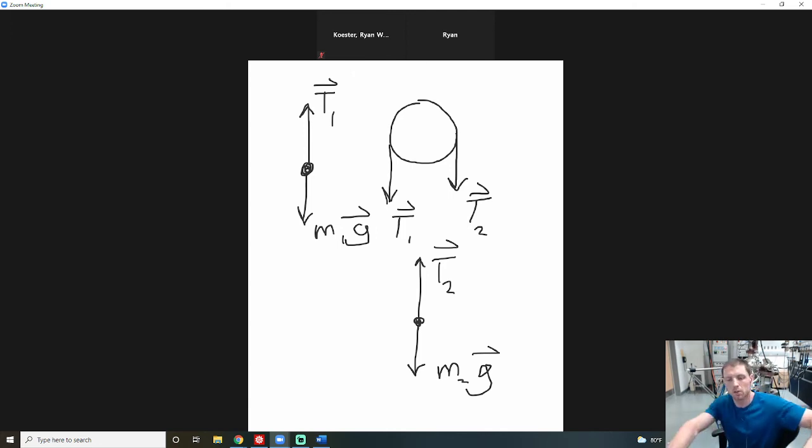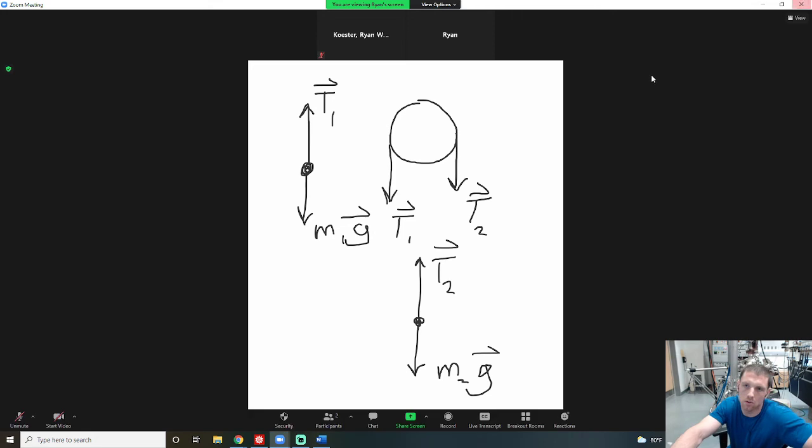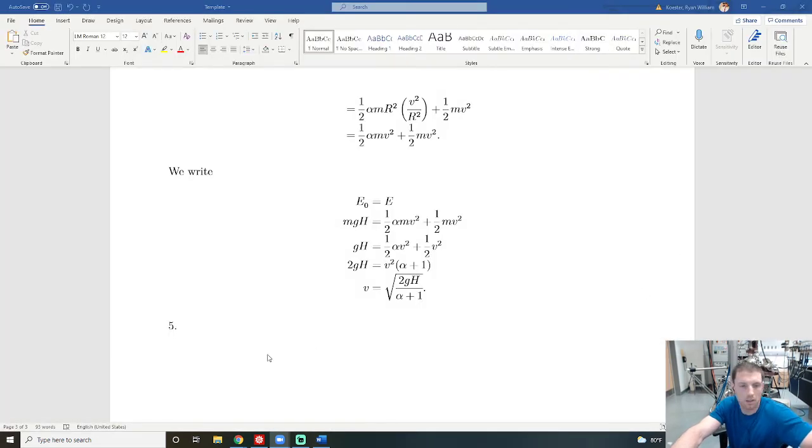And I will now move this off, and we can just do this stuff. So we just want to think about the net force in the y direction on each of the masses. For the masses, I should say, because these expressions will look different.